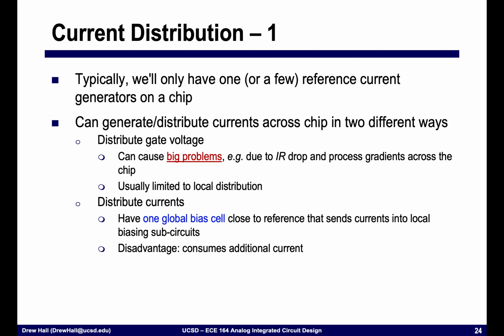What we'll often do then is we will take these currents and mirror them and move them around the chip. What you'll often see is that this is done in current form rather than voltage form. So if you try to move gate voltages across the chip, you have to worry about IR drop and other issues such as contamination of the signal.